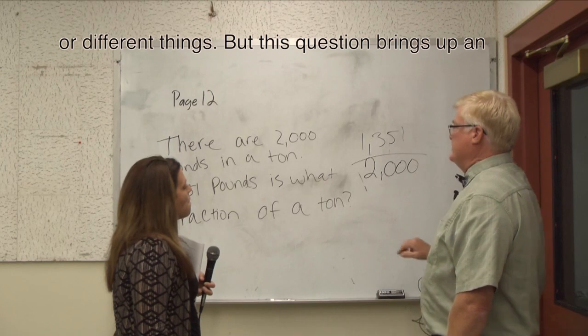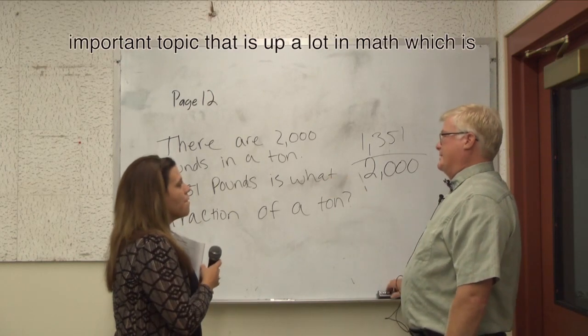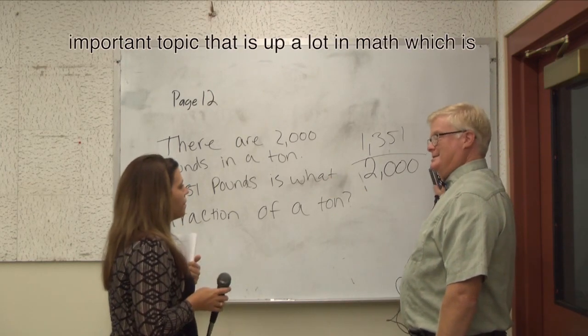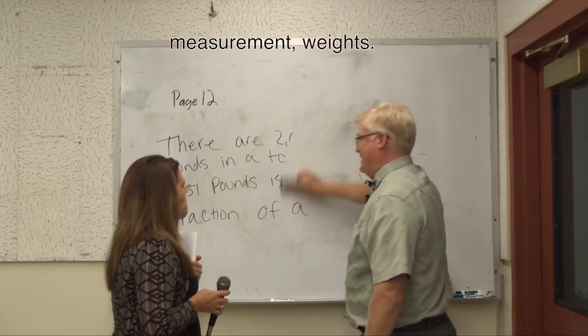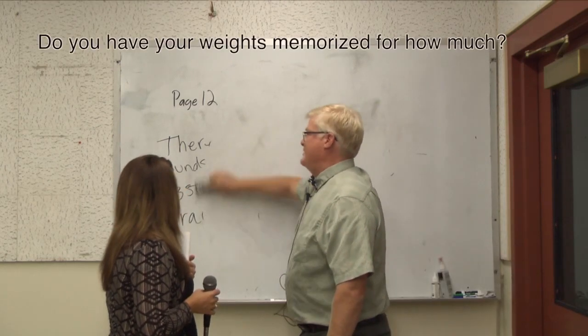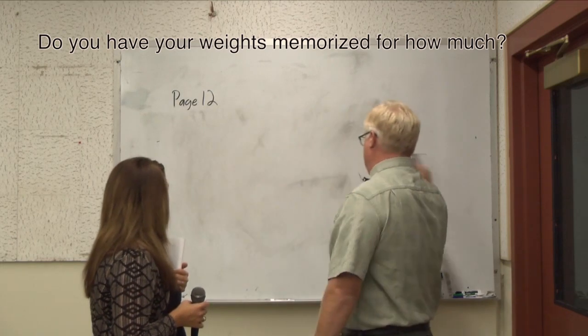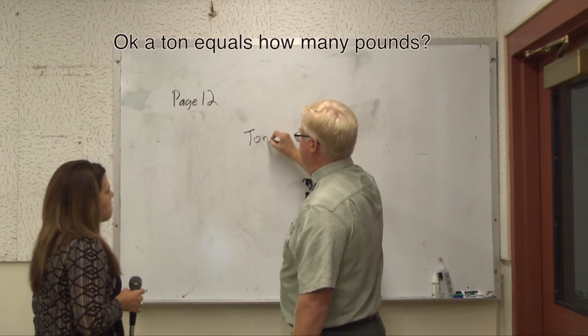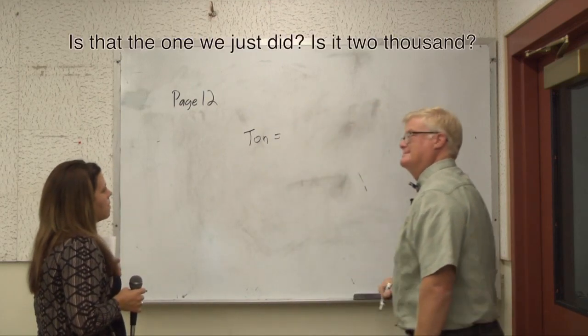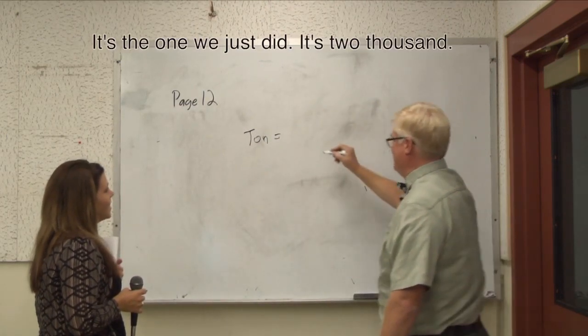But this question brings up an important topic that comes up a lot in math, which is measurement, weights. Do you have your weights memorized? Okay, a ton equals how many pounds? Was that the one we just did? Just the one we just did is 2,000.